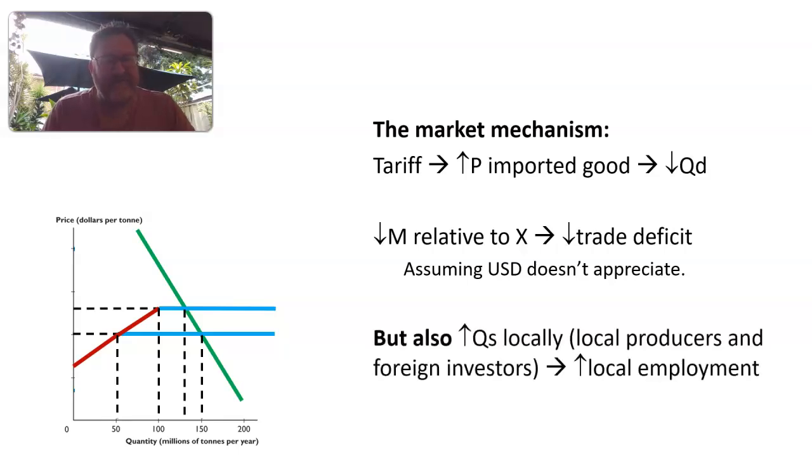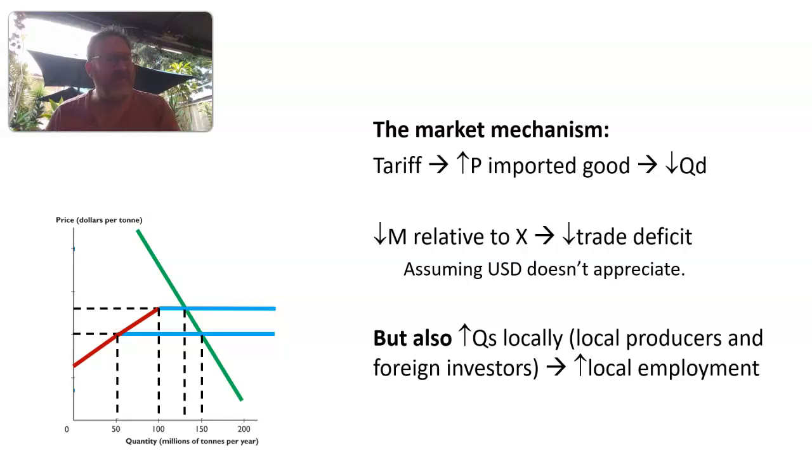And the other effect is that it increases the local supply of the product that would otherwise be imported. Local producers will expand their supply up to the new higher price, which is now being charged for the particular imported product.